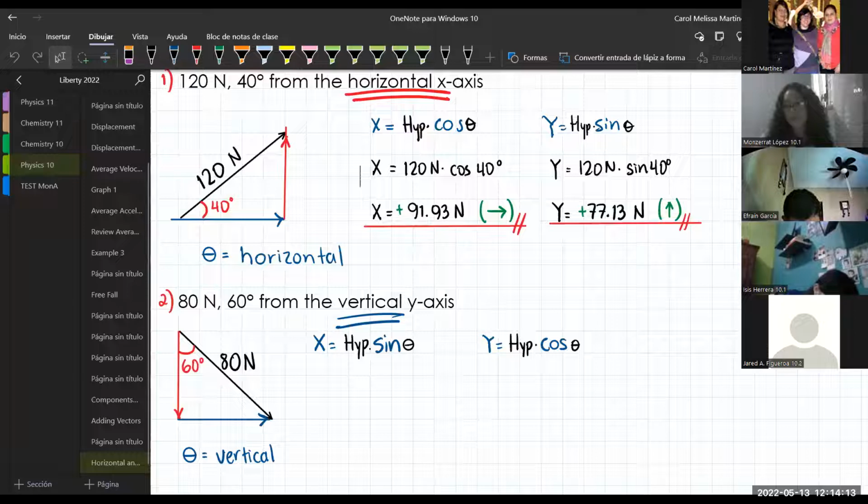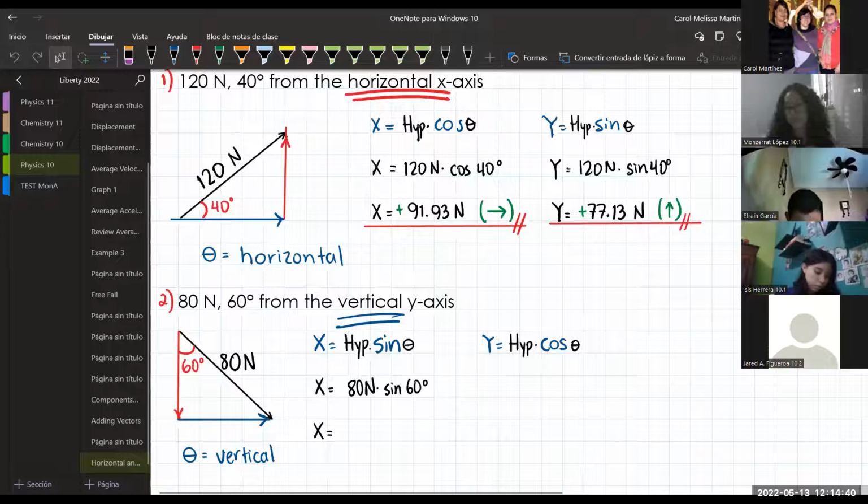So we continue, we say x is equal to the hypotenuse, in this case is 80 Newton, sine of the angle, that is 60 degrees. How much is x? 69.28. Uh-huh.